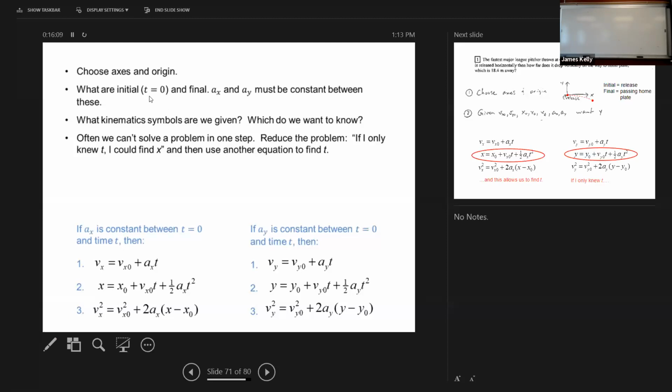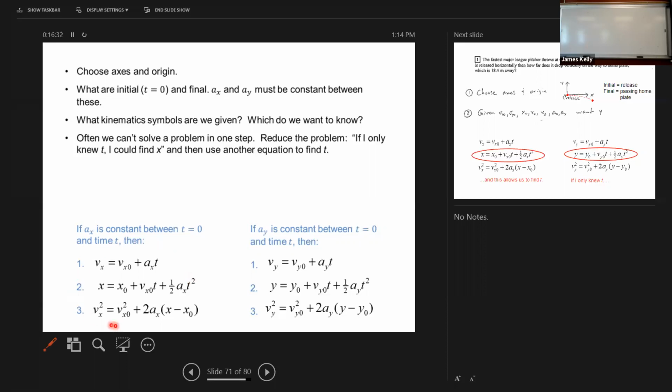We have to be explicit about what are the initial and final states we're going to use, right? In these equations down here, this represents the initial velocity x component, and this is the final velocity x component. What does that mean? And I have to make sure that the acceleration really is constant all the way from initial to final.